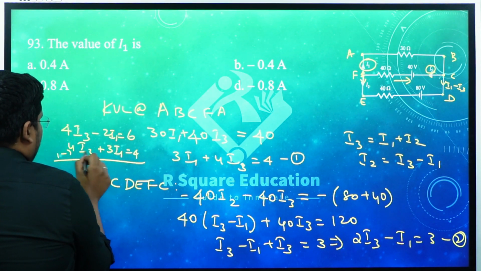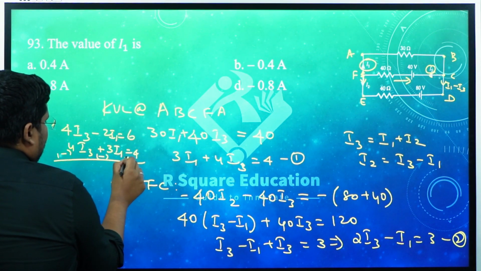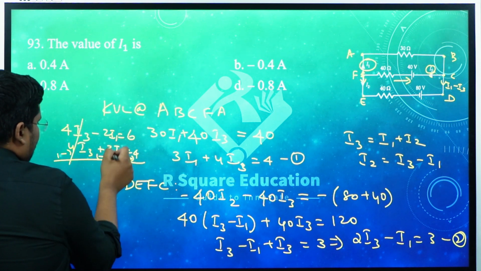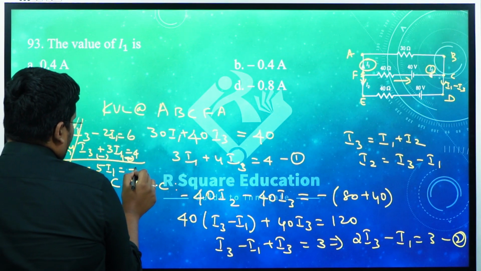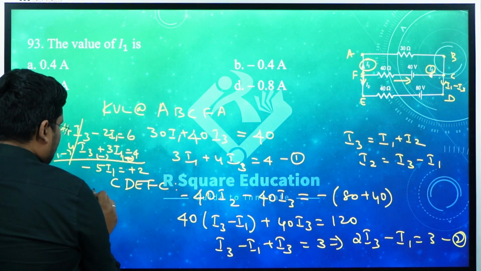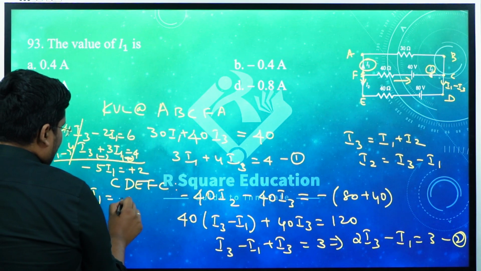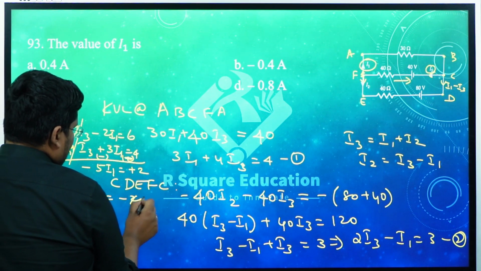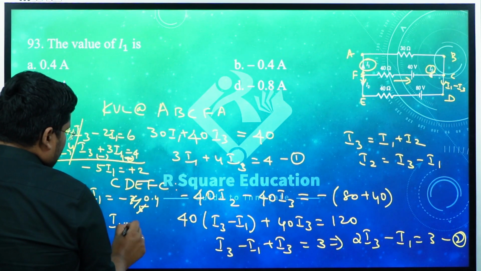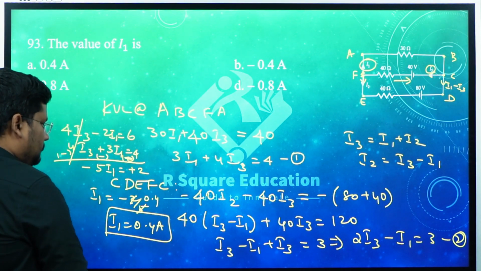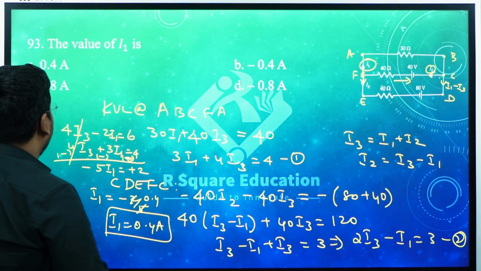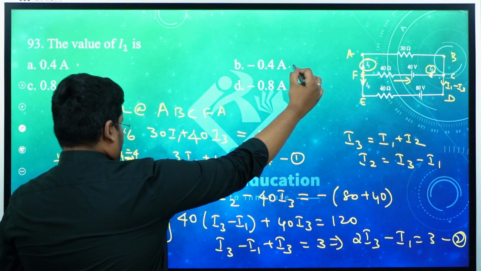So, minus. So this will cancel, right? How much will come? Minus 5I1 is equal to plus 2. Then I1 is equal to minus 2 by 5. So 0.4. So I1 is equal to 0.4 amperes. Right? So the answer is 0.4, ignoring the minus sign.